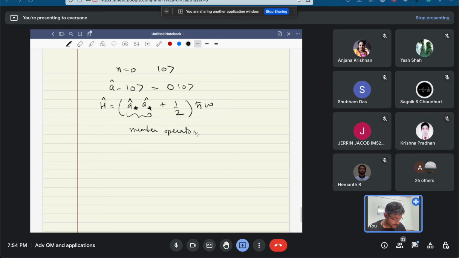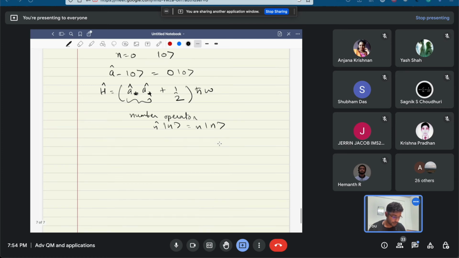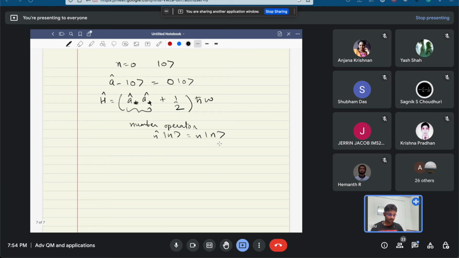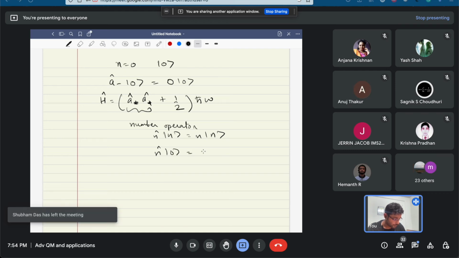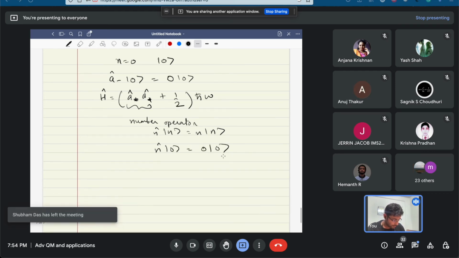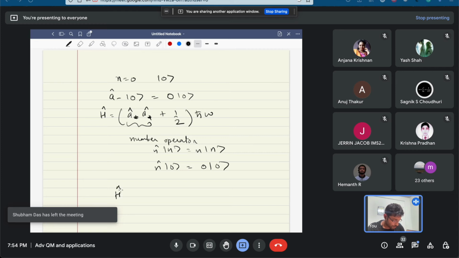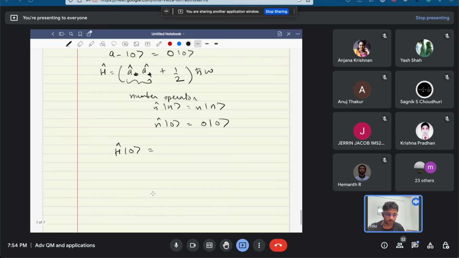This number operator essentially gives us n if it's operated on the n state. Now if you have a minus sign here, then when it's applied on 0, it will give you 0. The ground state gives the zero point energy, and from the Schrodinger equation we have H psi equal to E psi.